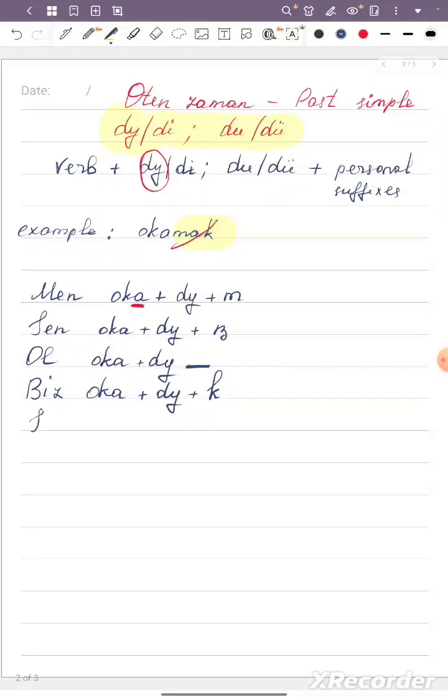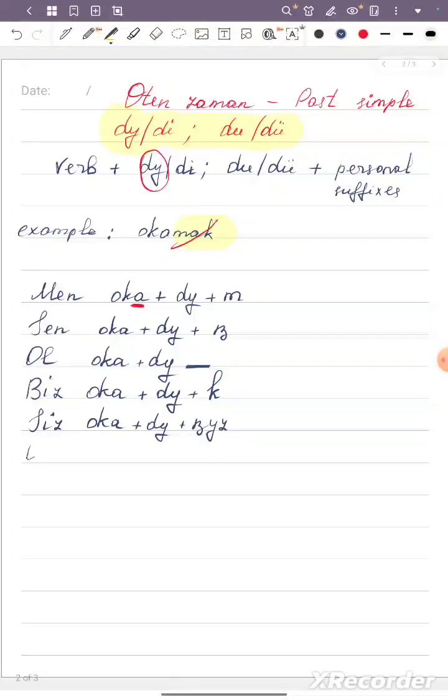Siz is you plural, or a polite version of you singular. Let's say in order to show respect, we can say siz, oku, di, and now the personal suffix nız. Siz okudunuz.